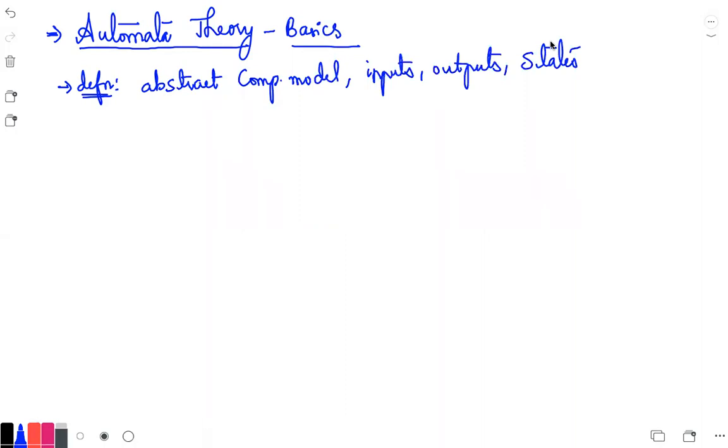It is an abstract computational model that mainly deals with inputs, outputs, and states. So I will give you an example, right? All the basic models: input, some amount of processing, gives output. So this is pretty much an automata. Okay. So automata is a computational model which deals with inputs, outputs, as well as the states.